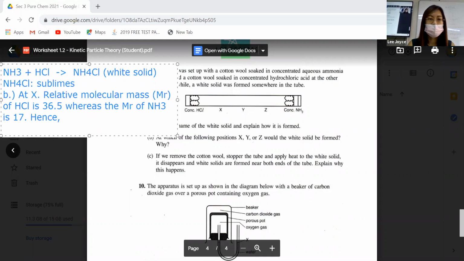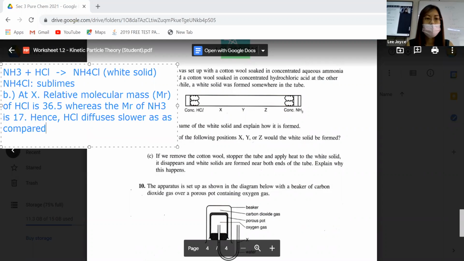And hydrogen chloride diffuses slower as compared to ammonia.